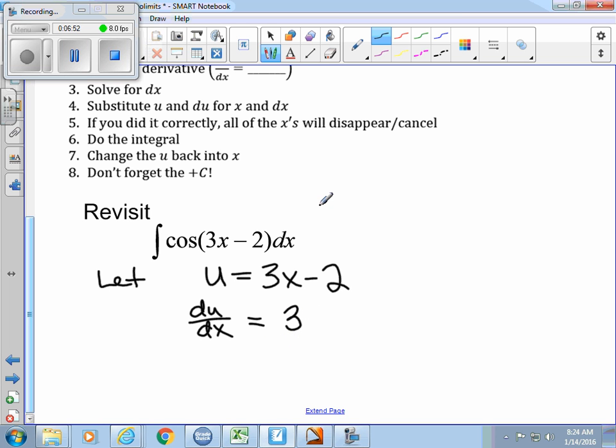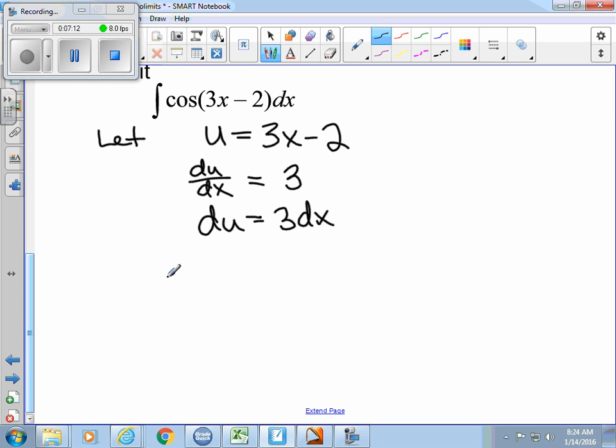If I'm going to change my variables to u, I need to change my dx to something else as well. Would you agree with that? So, I'm going to cross multiply, or however you get dx by itself. I get du equals 3dx. So 1/3 du equals dx.